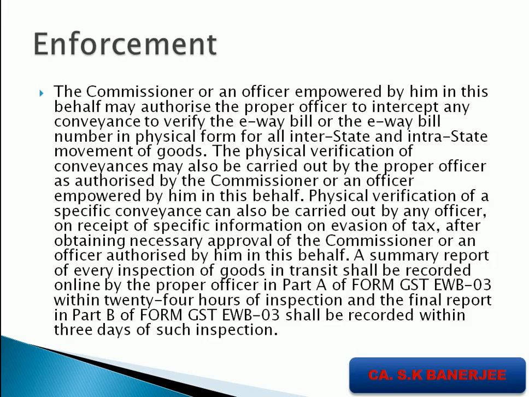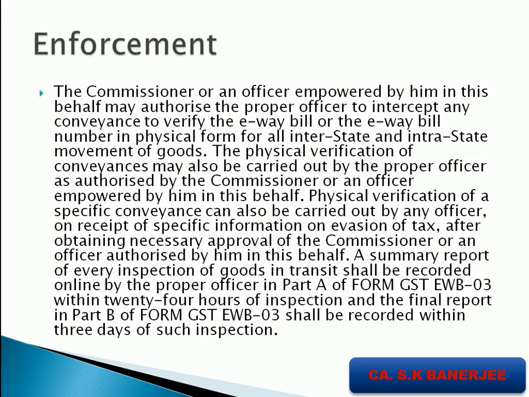Enforcement is by the commissioner or an officer empowered by the commissioner. They are to verify the e-way bills and the physical goods for all interstate and intrastate movements of goods. Physical verification can be carried out by the commissioner or any officer empowered by him. Regarding the inspection, a summary report will be prepared within 24 hours of the inspection.